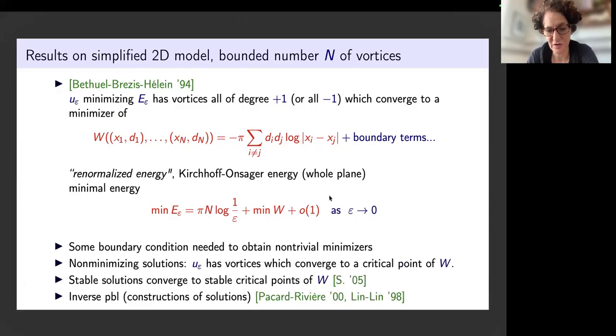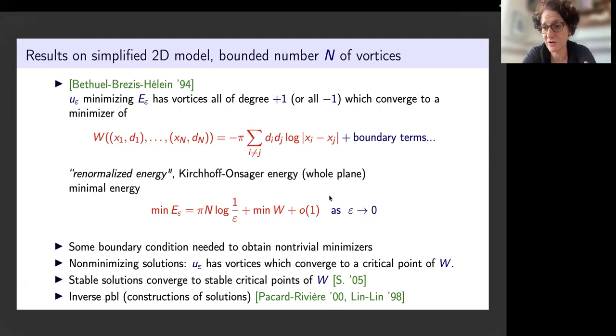They also showed that if you have non-minimizing solutions, vortices will converge to a critical point of W. You can also show that if you have stable solutions, they converge to stable critical points. And then you can also try to do a sort of reverse, and this has been done a lot in the context of minimal surfaces, right?